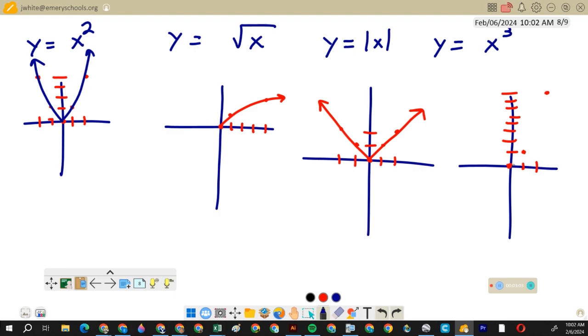It's going to be less steep at the bottom and then steeper on the edge. And it's not actually the shape of a parabola. It sort of looks like half of a parabola, but between 0 and 1 on the y, it's going to be shallower. And then after that, it's going to be much steeper. And the negatives are going to be the opposite of that. So that's what an x to the third graph looks like.